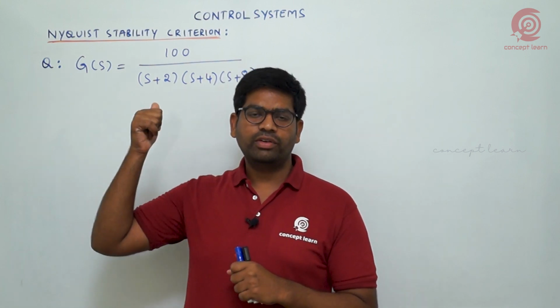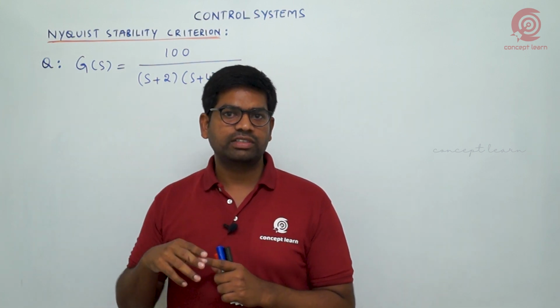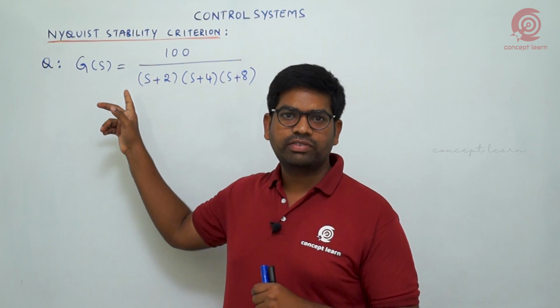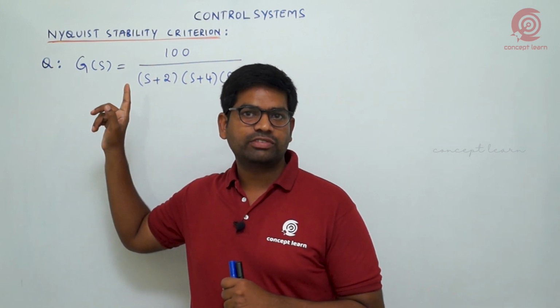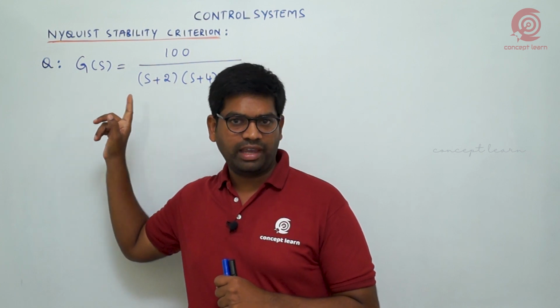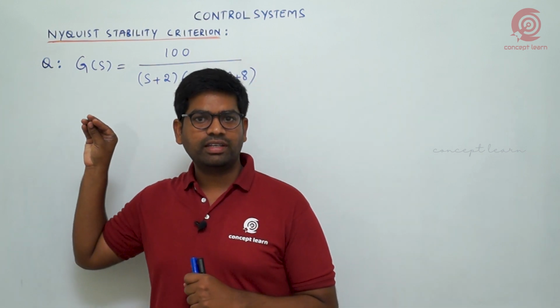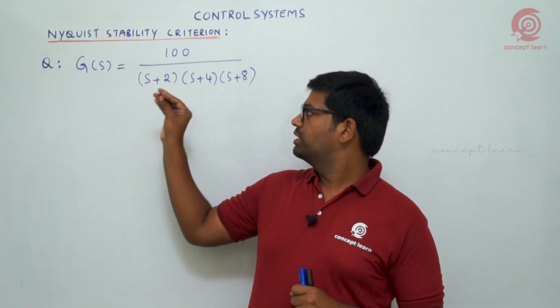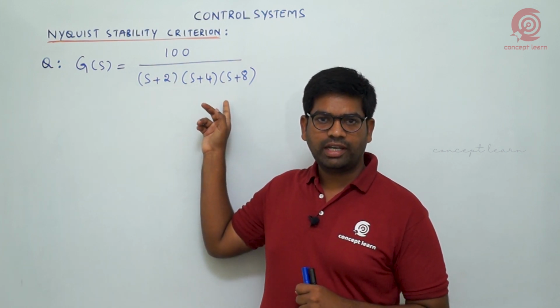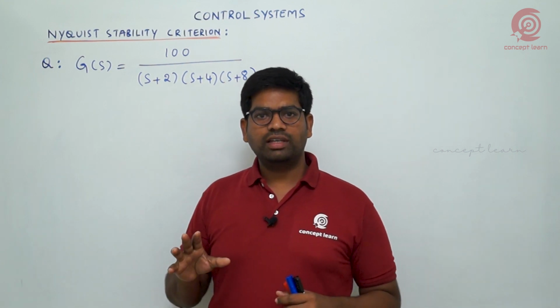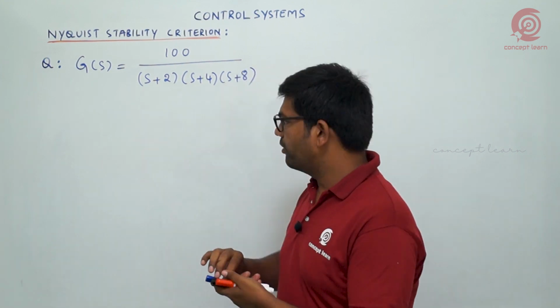What is the open loop transfer function here? 100 by (s plus 2) into (s plus 4) into (s plus 8). It consists of only 3 open loop poles, and all 3 poles are located in the left half only.